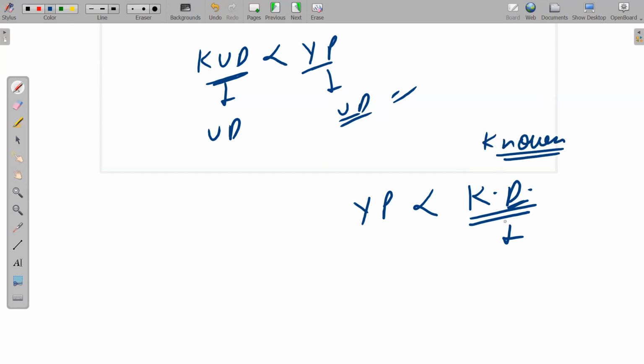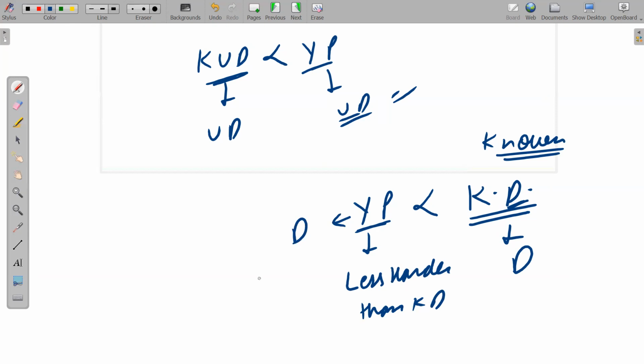If you are comfortable in Hindi, I will say jaani pehchaani problem. So you reduce your problem to this problem. This is decidable, so your problem will be less hard than KD. That means your problem will obviously be decidable. I hope I have made the point clear.